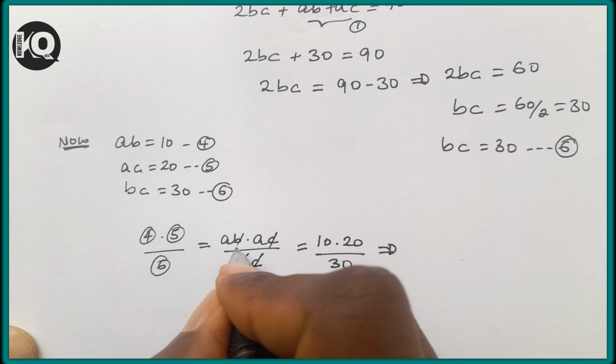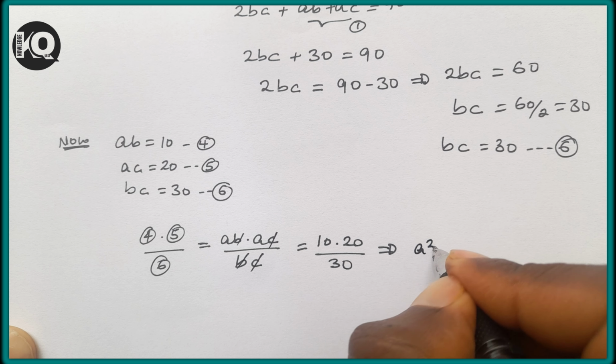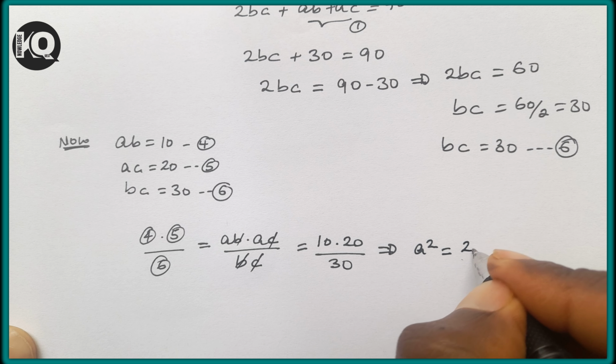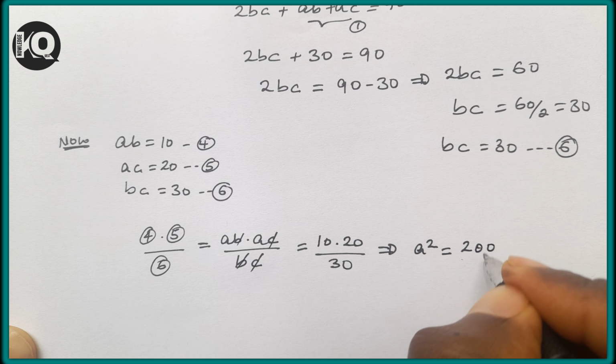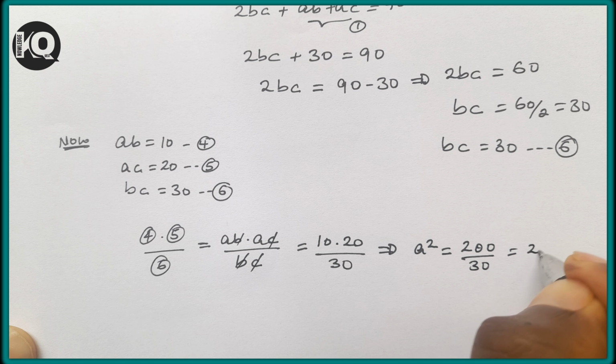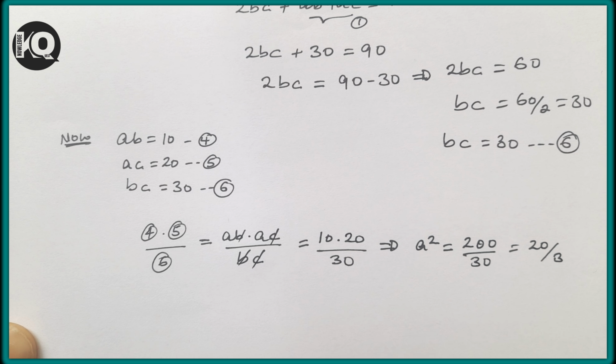So the remaining one will be a times a, which is a square, equal to 10 times 20, 200, divided by 30, which is 20 over 3.